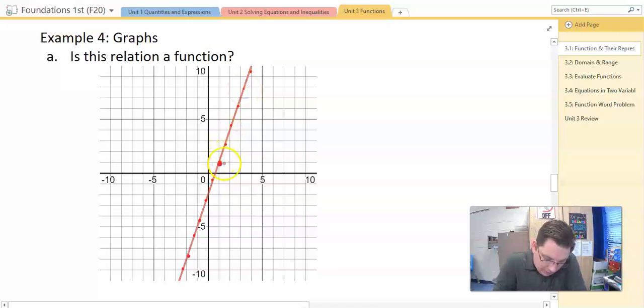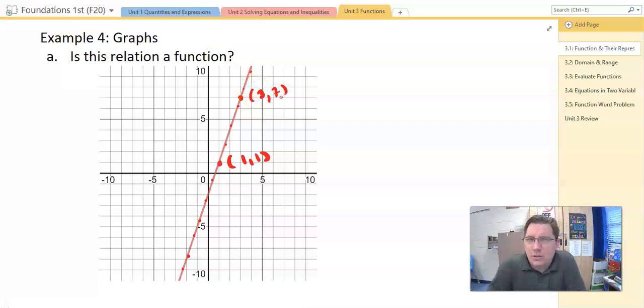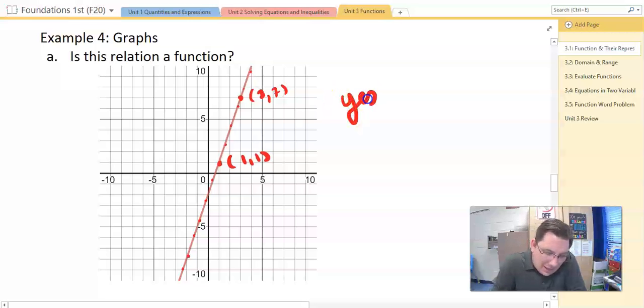So if I'm here, I'm at 1, 1. Or if I am here, I'm at 3, 7. And so we have to think to ourselves, is there any x value that I have more than one y value for? In this case, the answer is no. So yes, it is a function.